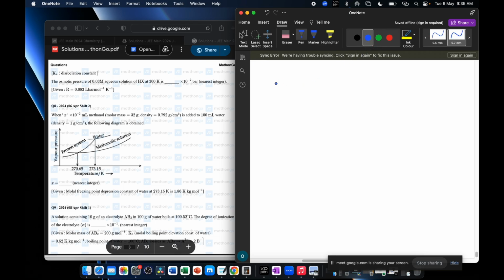The same formula. Delta T, look how nicely it increases. So Kf into W2 by M2 into 1000 by W1. What should we do for delta Tf?